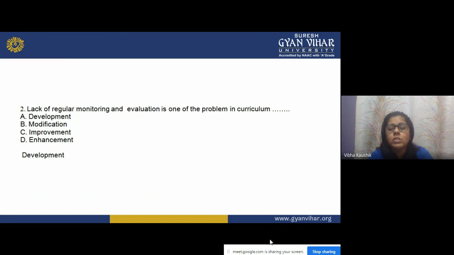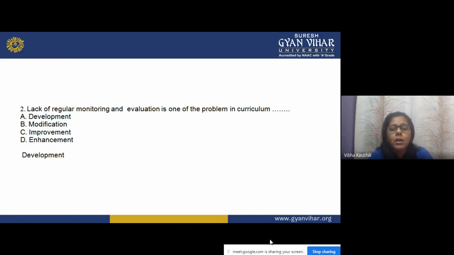And evaluation, how to evaluate the curriculum, is also a problem. These two things, monitoring and evaluation, are problems in curriculum.